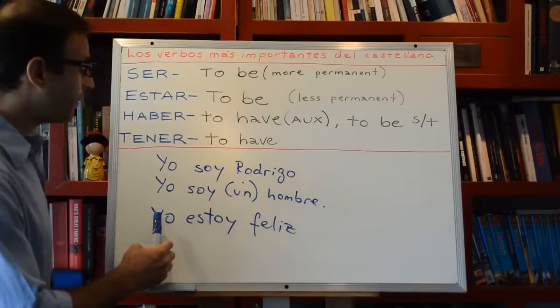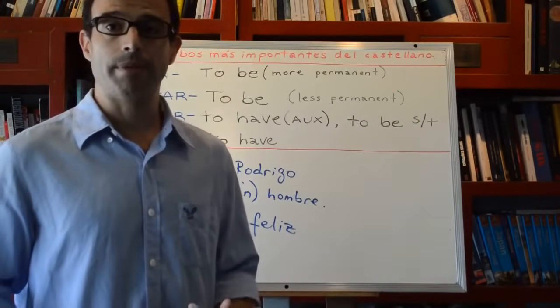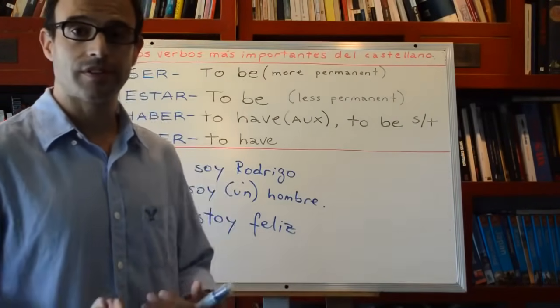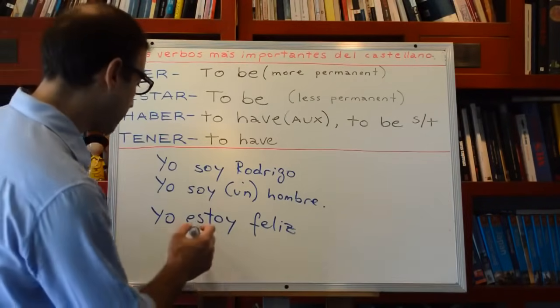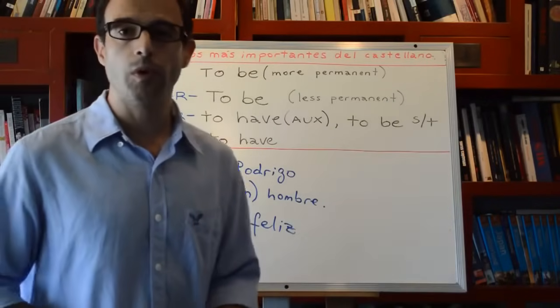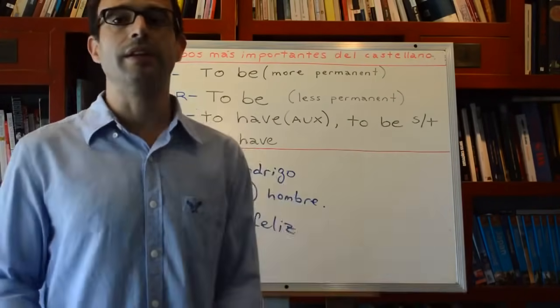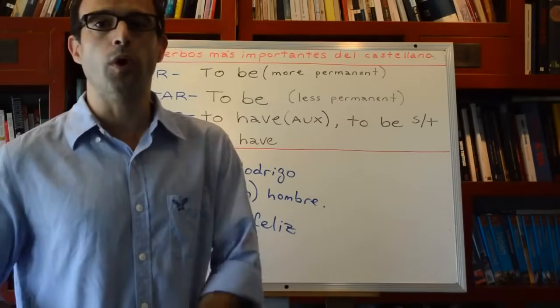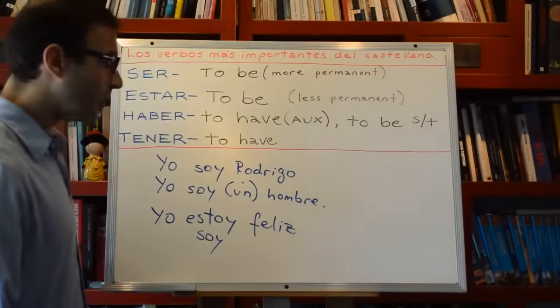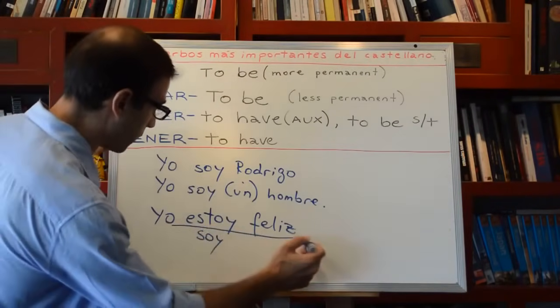So, if I say yo estoy feliz, I'm saying right now I'm happy, right? This is my present state. If I say yo soy feliz, it's like saying I'm always a happy man, right? This is my state of mind. This is how I always feel, okay? So therefore we would usually use estoy for this, okay?